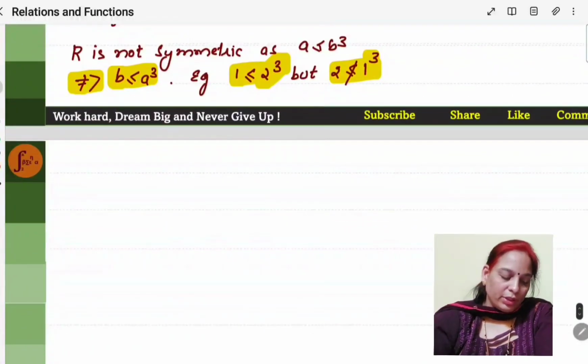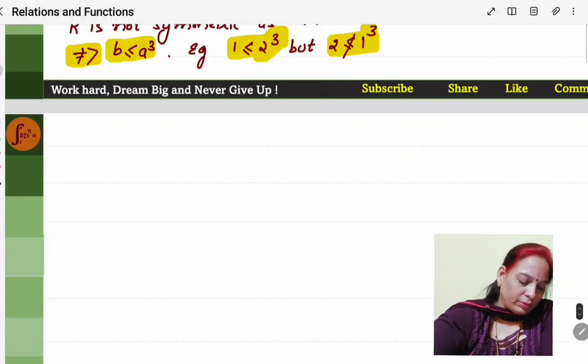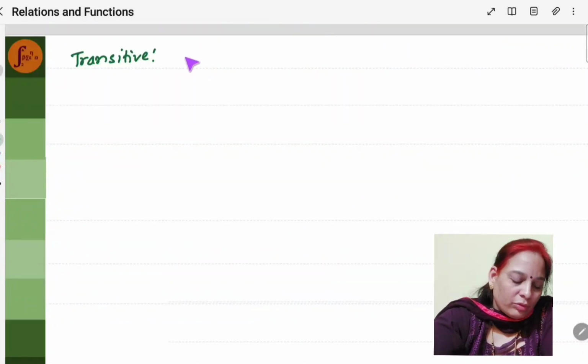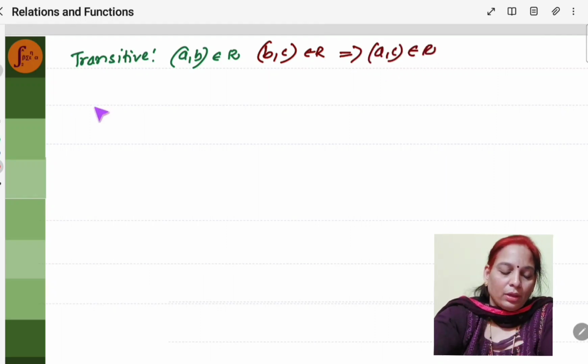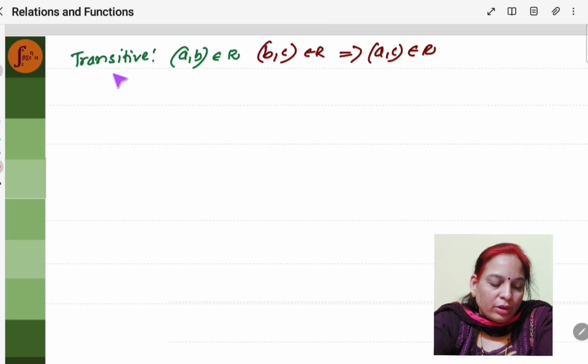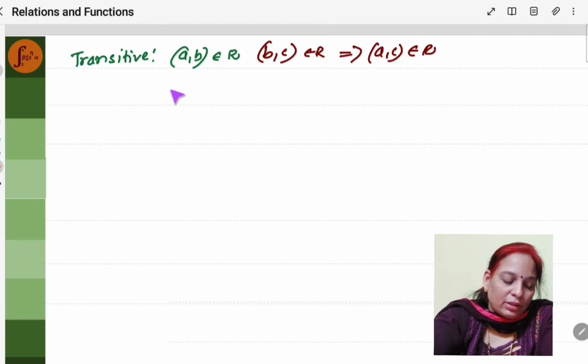Third thing is we'll check if R is transitive. Now what is the combination for transitive? (A, B) belongs to R, (B, C) belongs to R, should imply that (A, C) belongs to R. Now first we'll have to take a case to prove that it is not transitive. So we'll have to take numbers in such a way that it does not satisfy this condition. What is the condition? A less than or equal to B cube.